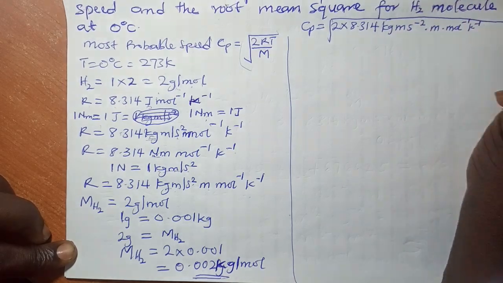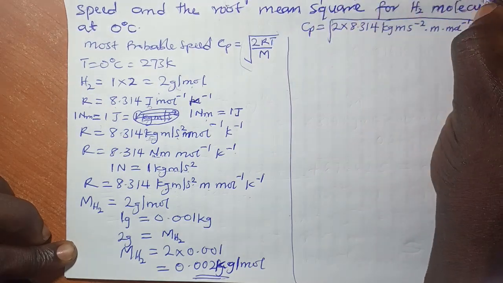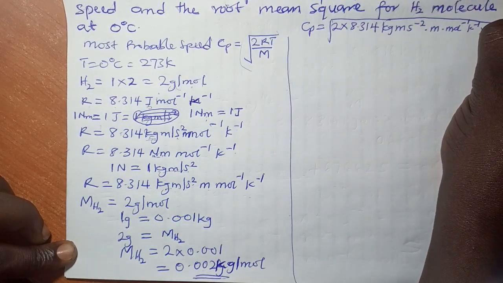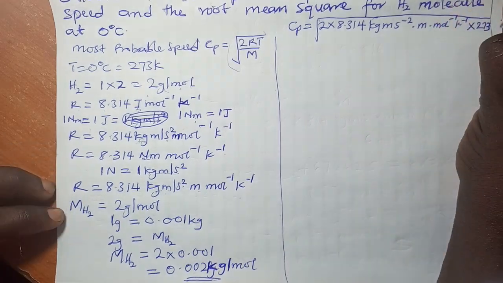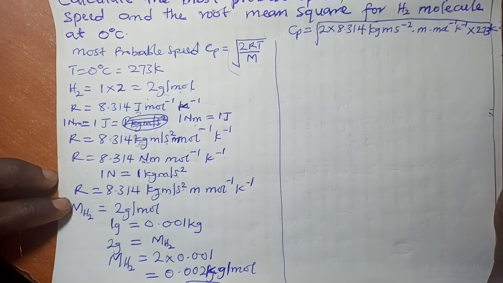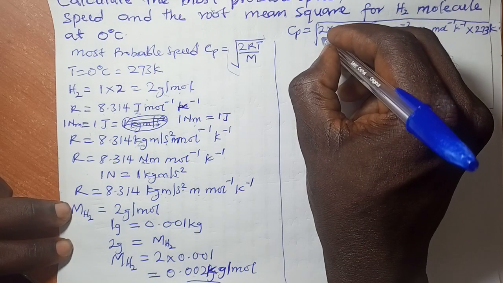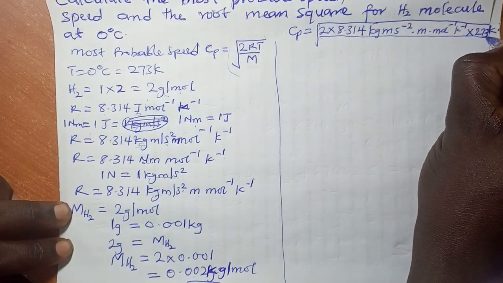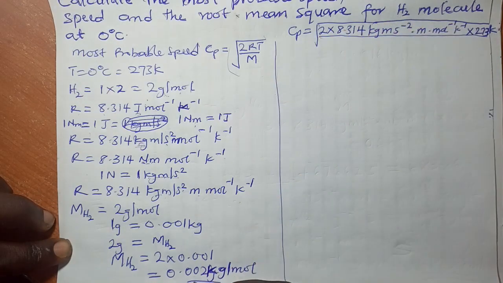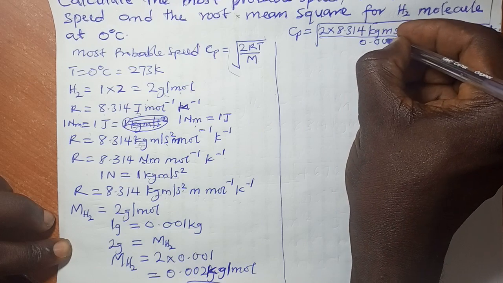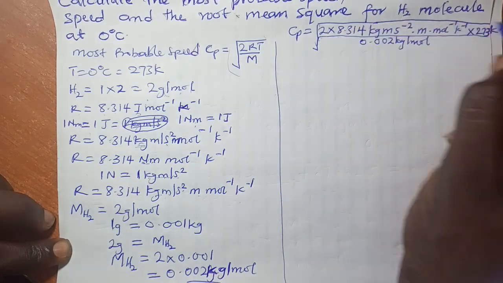I'm doing this so that you will know how to cancel an identical unit, times temperature, which is 273 Kelvin. Just watch it, you are going to see 273 Kelvin. As it is like this, you divide it by the molecular weight, which we have at 0.002 kilogram per mole. Do you understand?